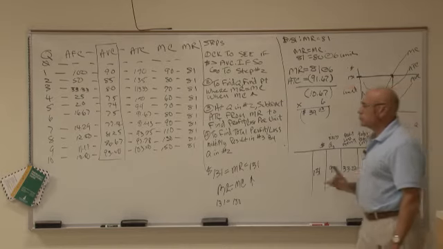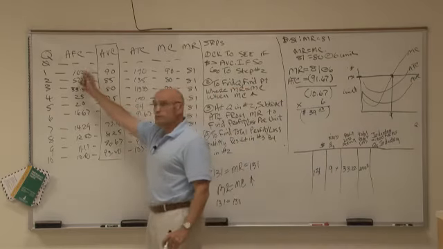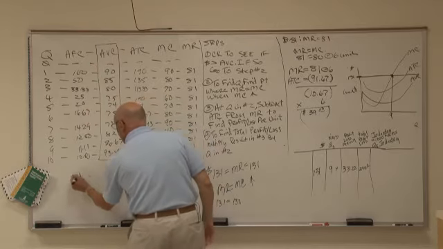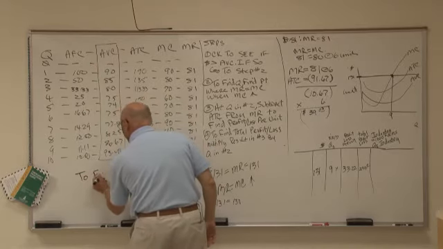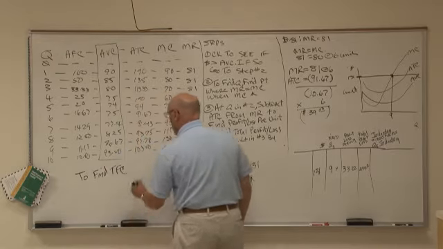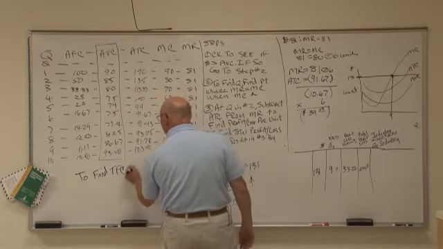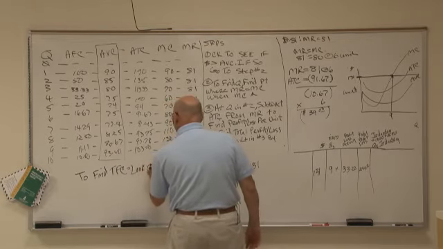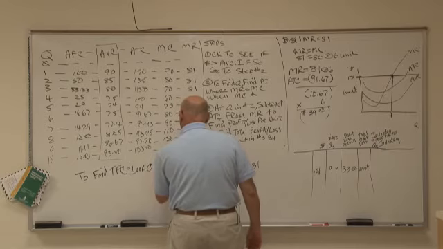If I don't produce, I lose my fixed cost. Now, to find total fixed cost, all I have to do is look at my average fixed cost at the first unit.